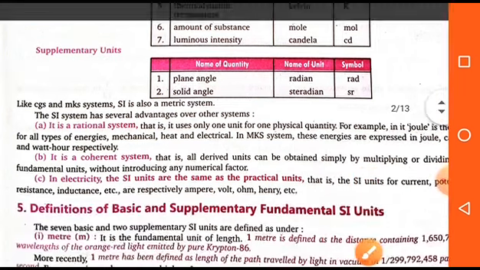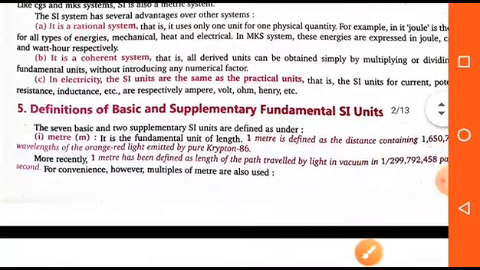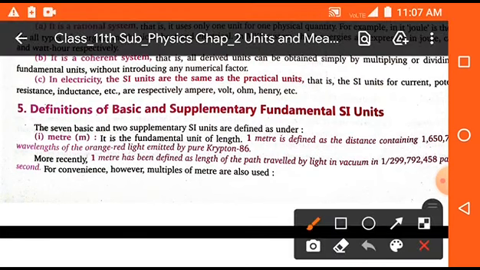Okay students. Now we will discuss some terms like meter. These are the terms which are required for definition purposes because their definitions are experimentally based, meaning these definitions are derived on an experimental basis, by doing experiments.